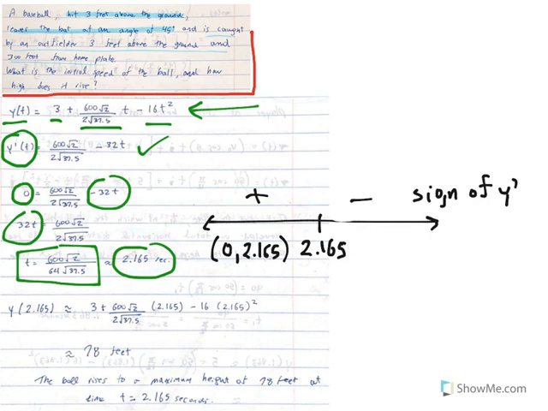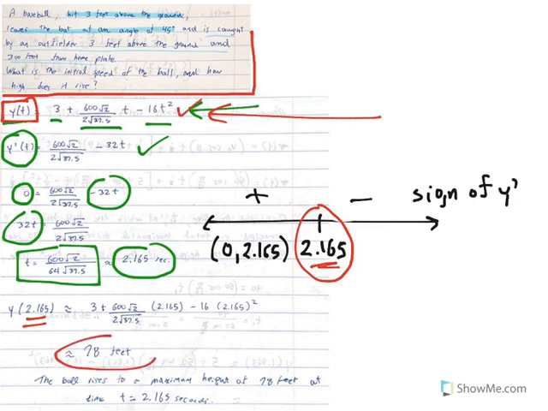So by the first derivative test, at this point in time the function y of t must have a relative maximum. So we can find that relative maximum by evaluating the function y of t at this time of 2.165. And when you do that, you get about 78 feet. So the ball rises to a maximum height of about 78 feet at this time.